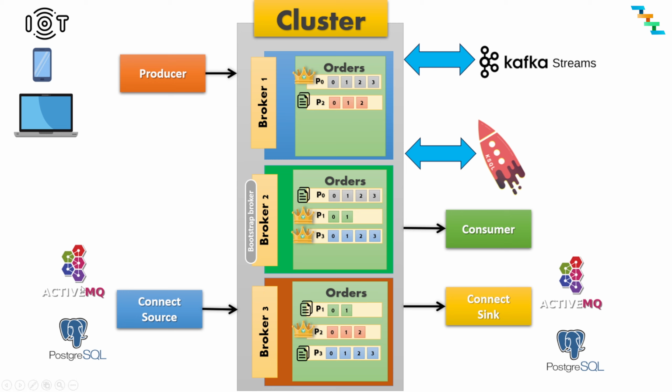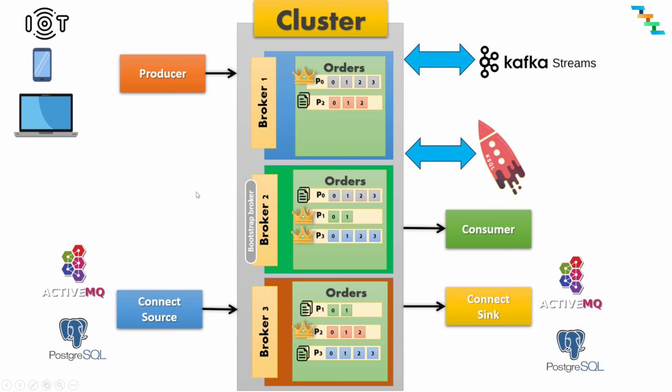The bootstrap broker in this case is broker 2, and this bootstrap broker gives us all the metadata about what all the different partitions are present in different brokers. Just in case you want to send a message to partition 0, then you need broker 1 details and configuration, all those things, and then you need partition 0's in-sync replicas. All those information you can get from the bootstrap broker.